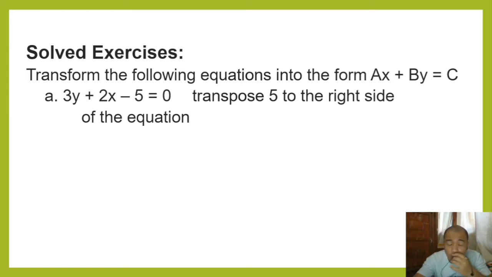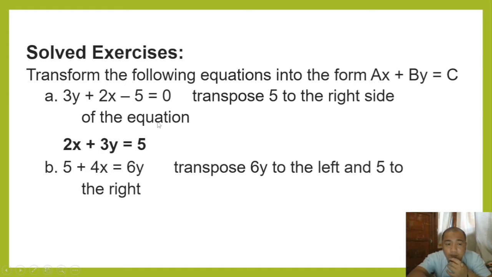So what we're going to do is transpose 5 to the right side of the equation, and then interchange the position of 3y and 2x, because ax should go first. So the equation should start with ax, not by. So interchange 2x and 3y, 2x plus 3y, and then transpose negative 5 to the right side of the equation. So 2x plus 3y equals 5.